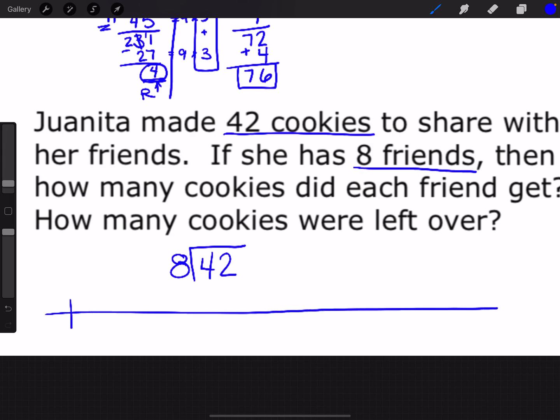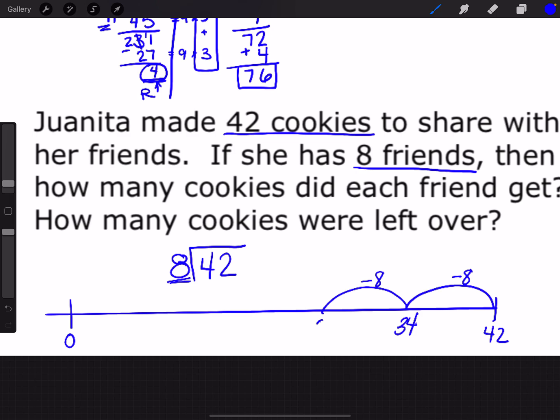Let's do some repeated subtraction, okay? We start at 0, and then 42, we jump back with our divisor, which is 8. So 42 take away 8 is 34.